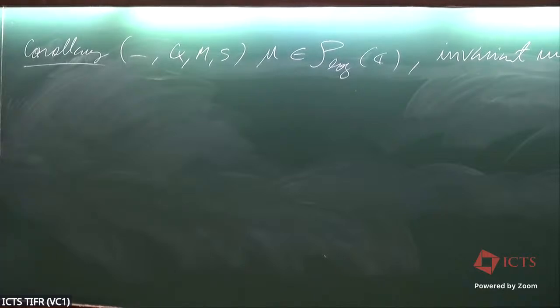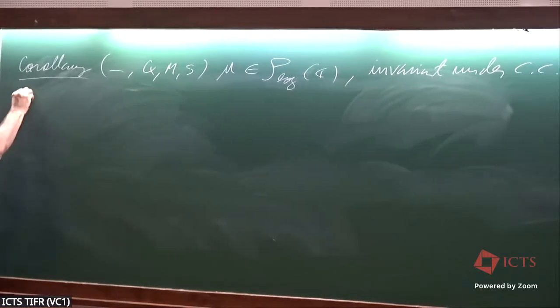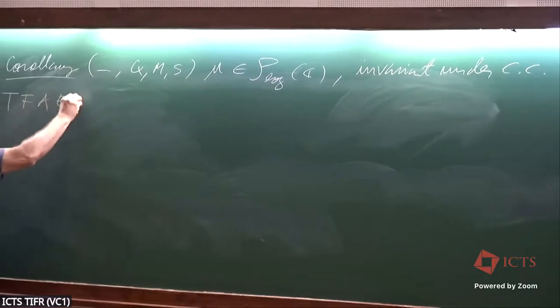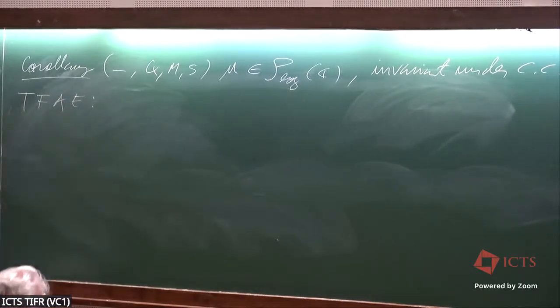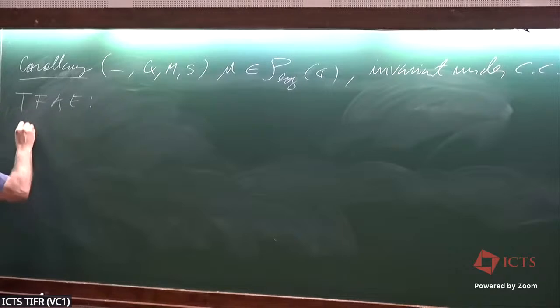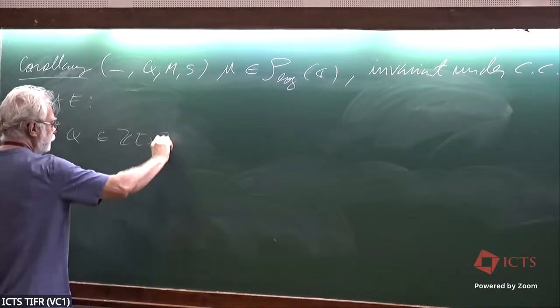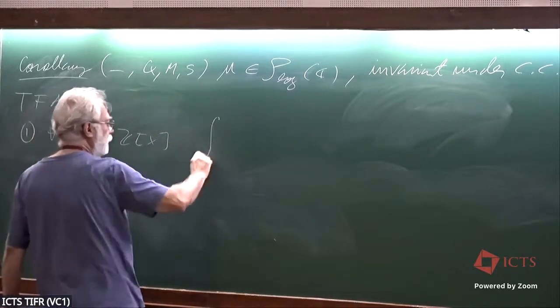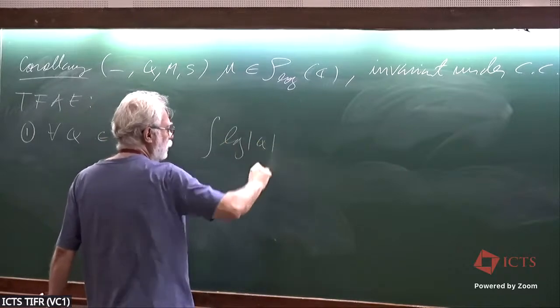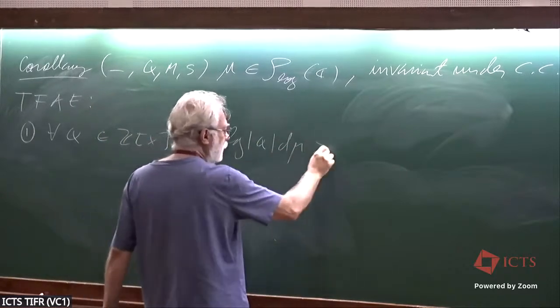We don't need compact support, it can be any measure. Then the following are equivalent. The first condition is exactly the same, that for all Q in set of X, the integral of log absolute value of Q d mu is bigger than 0.